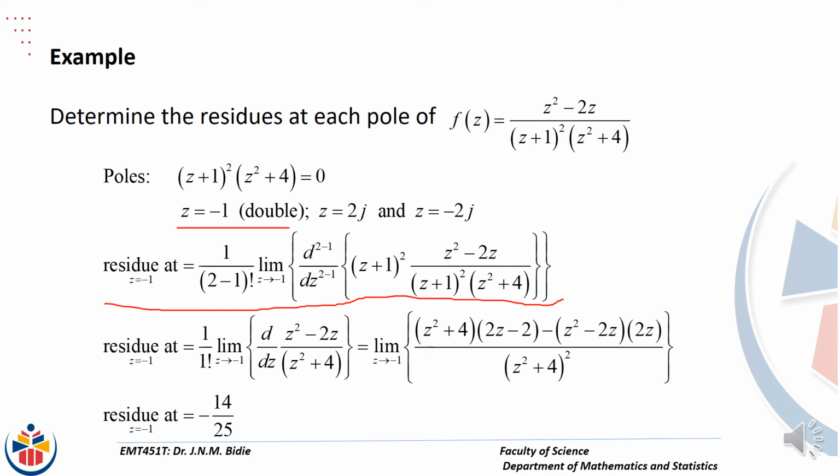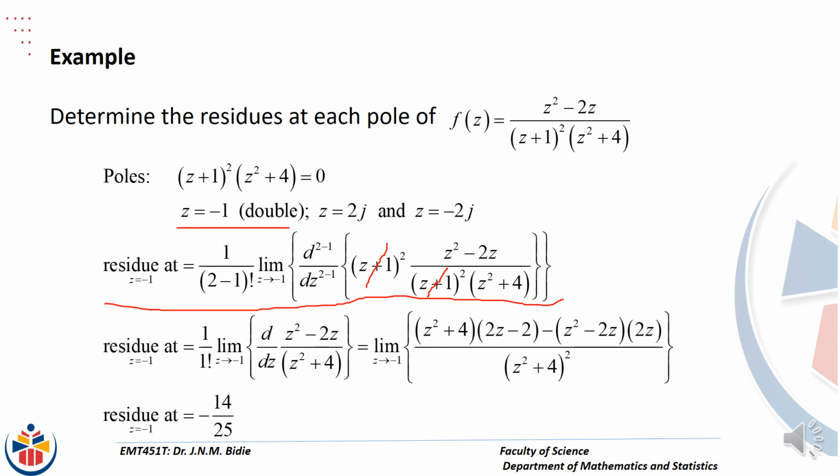So that means z plus 1 all squared and z plus 1 all squared will cancel out. You will be left with the derivative of z squared minus 2z divided by z squared plus 4. And then find this derivative. This is a quotient, so we use the quotient rule.